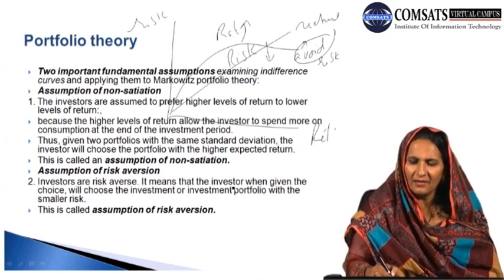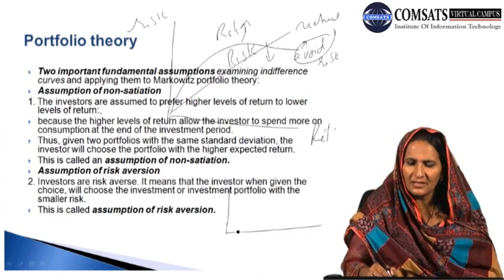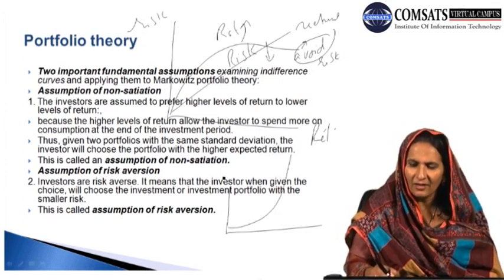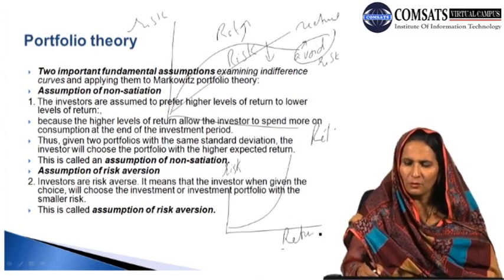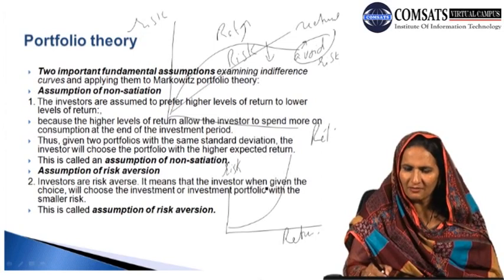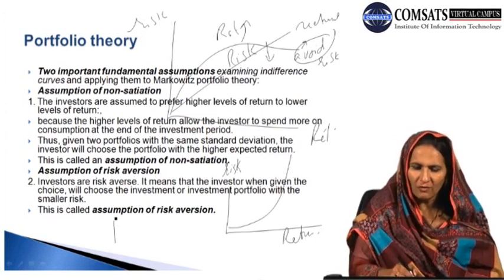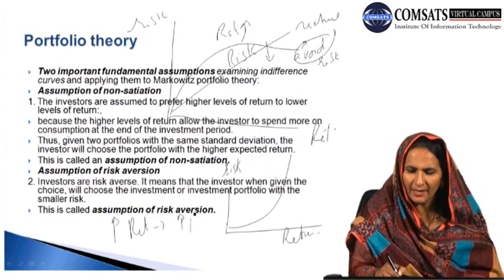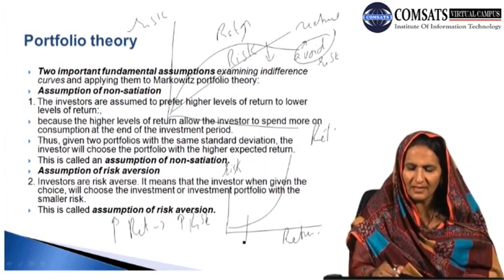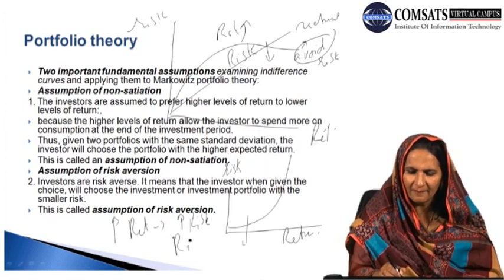On the other hand, if we draw another curve which is like this, we have the rate of risk along the vertical axis, we have the rate of return along the horizontal axis. So we can see that there is a positive relationship between the two factors. An increase in the return is likely to increase the risk, and this shows that the person is a risk seeker.